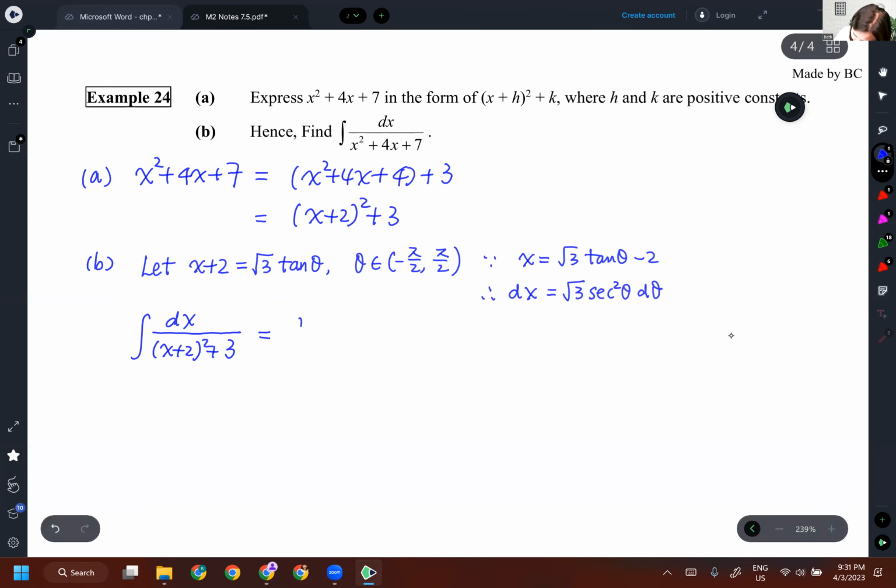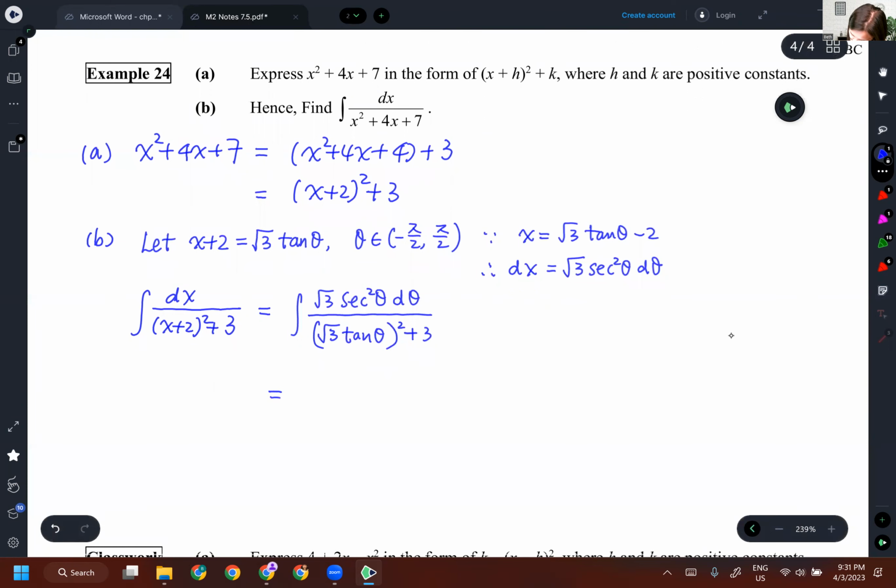Okay, here's my substitution. Root 3 secant squared theta d theta divided by root 3 tangent theta whole squared plus 3. And that will give me root 3 secant squared divided by 3 tangent squared plus 3 d theta.